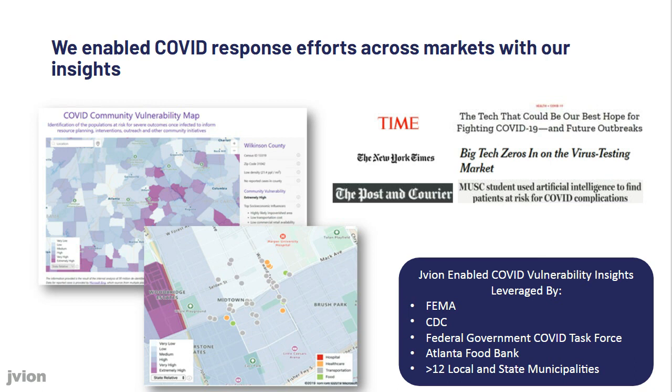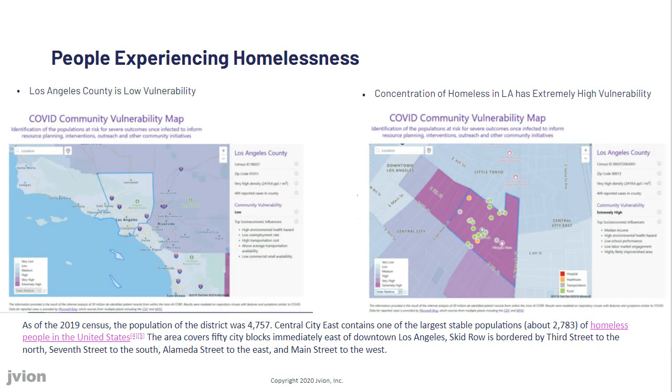And you might say, well, yeah, we knew nursing homes were a problem, but if we dig into Los Angeles, we were able to really identify the increased risk of the homeless. So overall in California, relative to the rest of the state, Los Angeles County wasn't very high risk as a whole, but there certainly were block groups that were extremely high risk. The area of homeless with Tent City, again, was very dark purple, was very high risk. Again, we didn't train the Corps to go and look for homelessness.